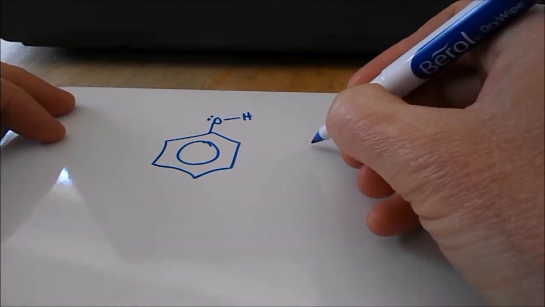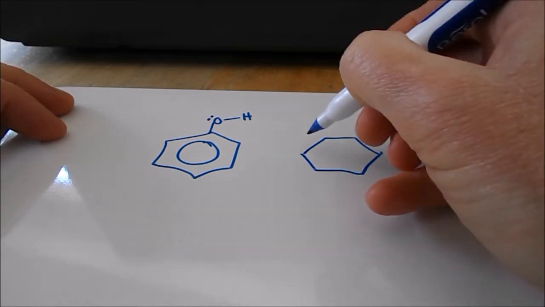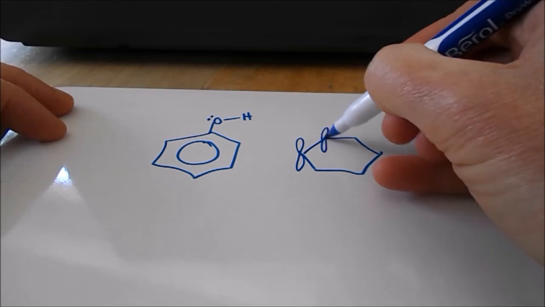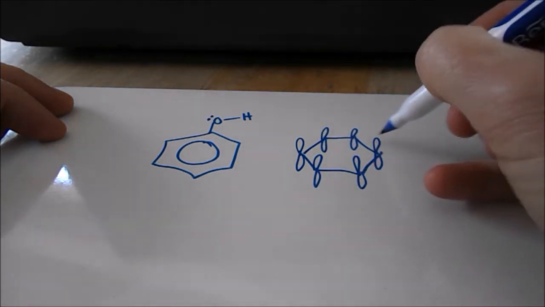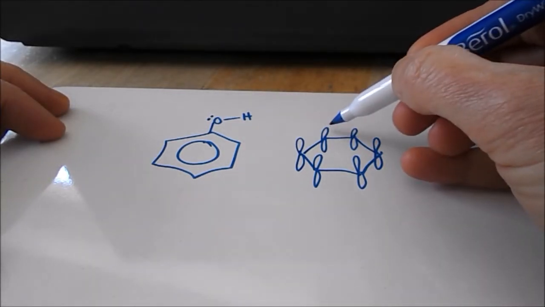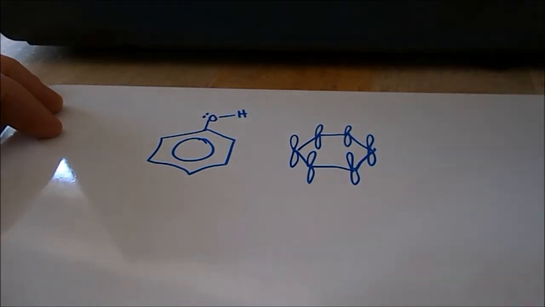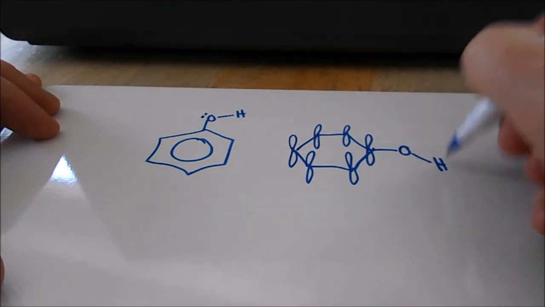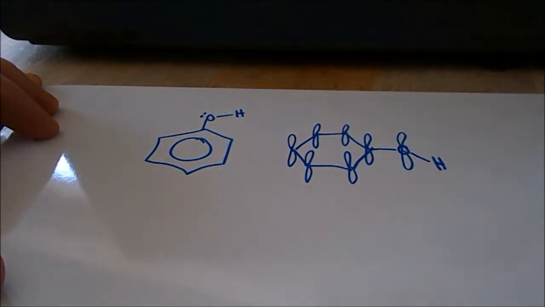If we think about this in terms of our p orbitals, so we had our benzene ring with all the sigma bonds, then we had our p orbitals. This is where my diagrams get really messy. And we had our delocalized pi cloud of electrons, because the electron from one particular p orbital is able to move freely around the ring like that. But now we also need to introduce our O and our H, and we've got our lone pair of electrons there, and we've got a p orbital.